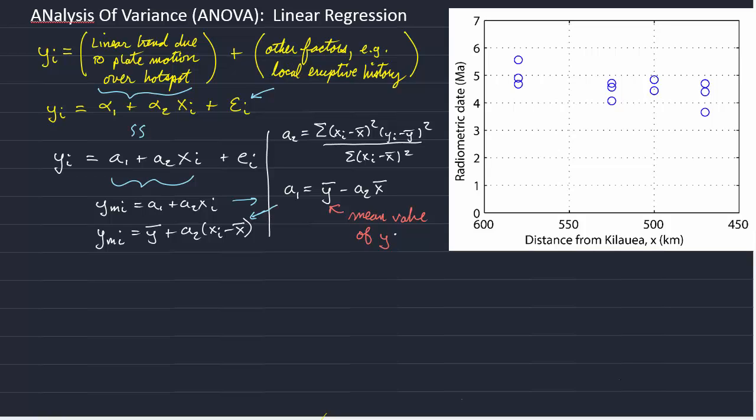So ANOVA is an analysis of these different sources of variances. We have these two sources of variance, the line trend and then the variation about the line trend. And here we're going to use ANOVA to do yet another test of significance of the slope.